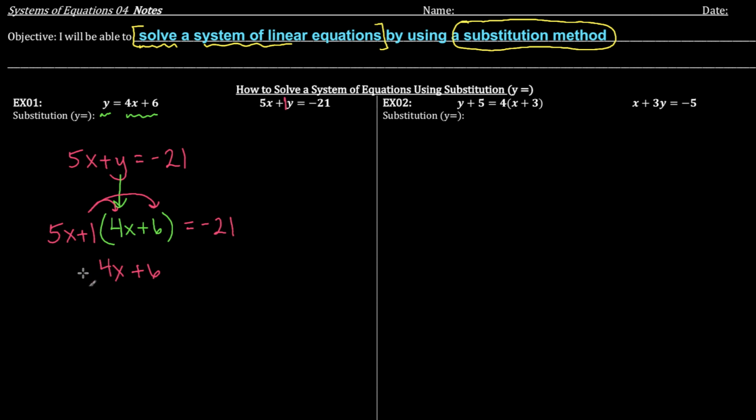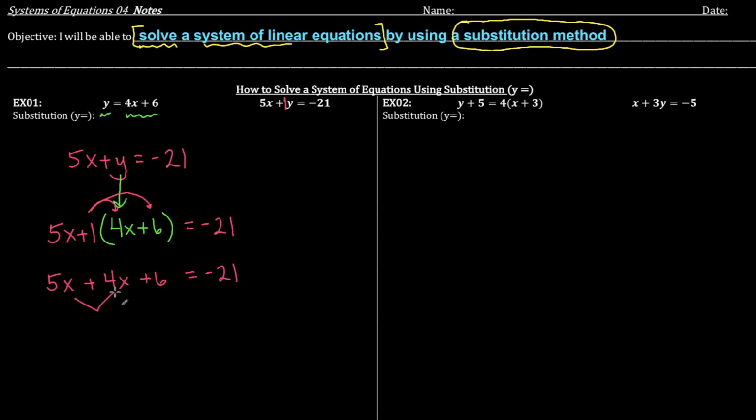Oh, well, that was a positive 4x, my bad. So positive times positive is positive. All right. Then we bring this down, 5x plus 4x plus 6. Positive times positive is positive 4x. Positive times positive again is positive 6, like I said. Now I'm going to bring down this 5x. And it should equal negative 21.